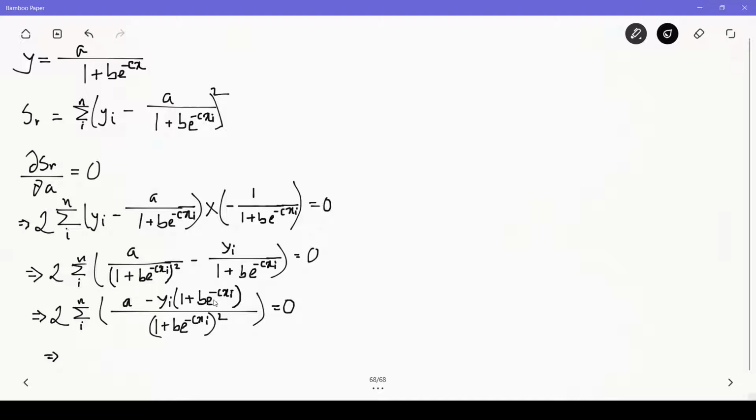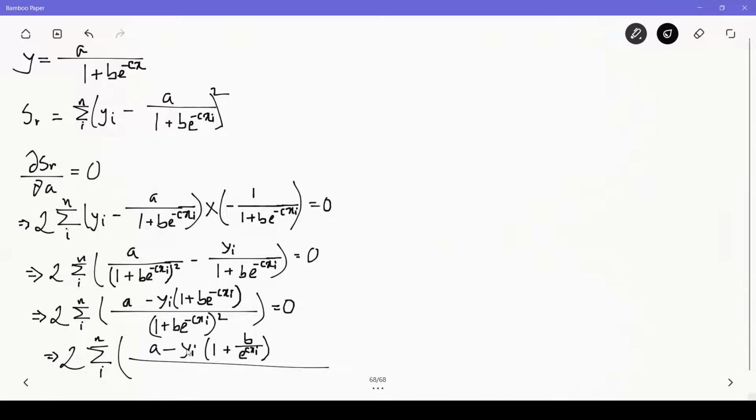Okay, so e to the power minus cxi can be written as what? 1 divided by e to the power cxi, right? So let's write it as something like this. So 2 times summation i from 1 to n, we have a minus yi times, if we take this thing to the denominator, we should get something like this, right? e to the power cxi.